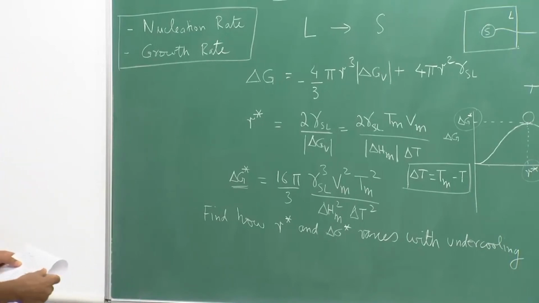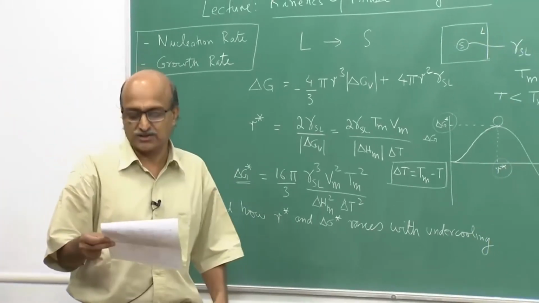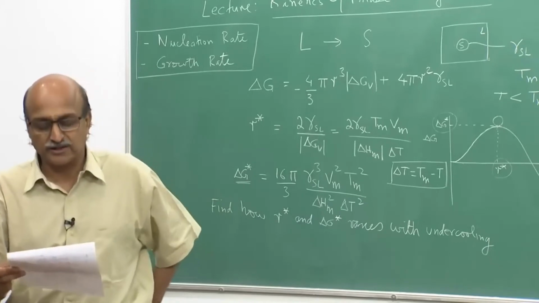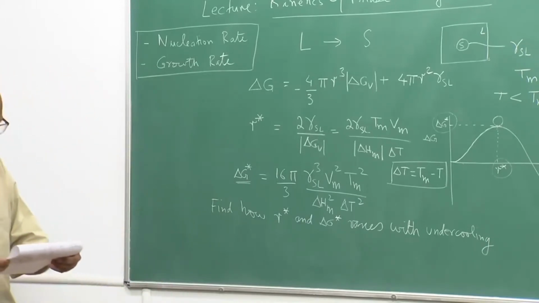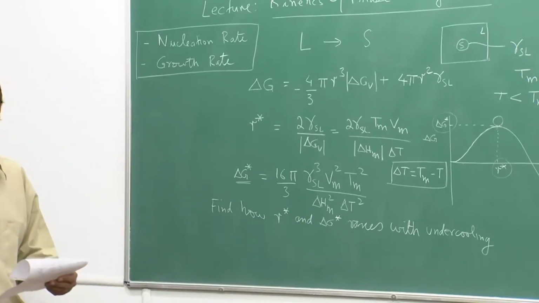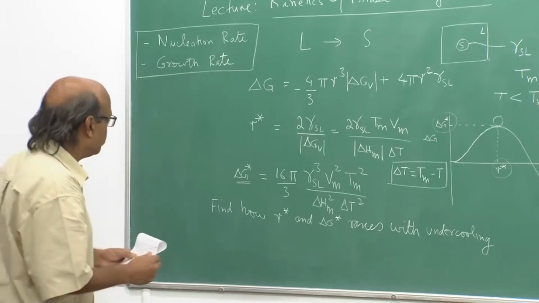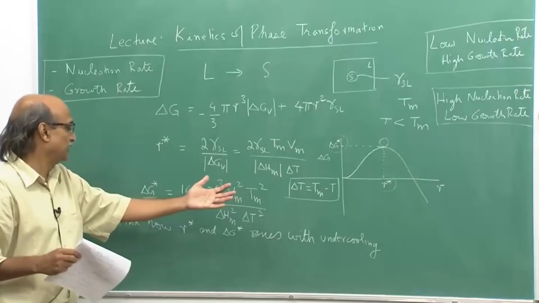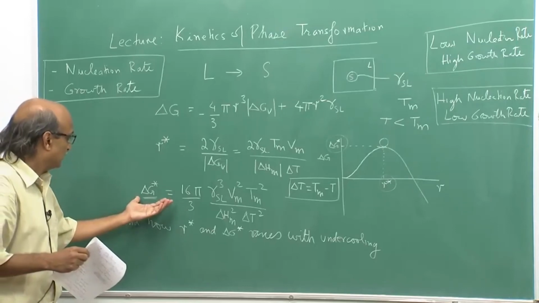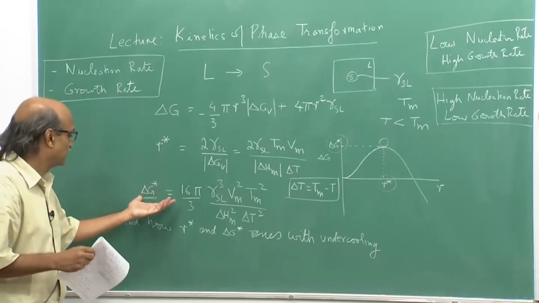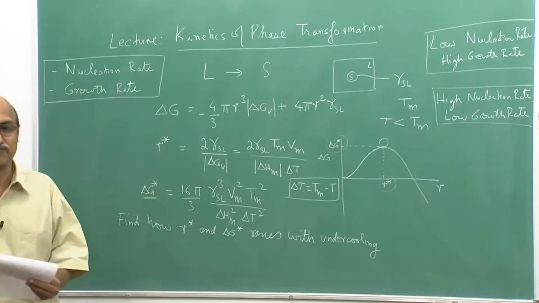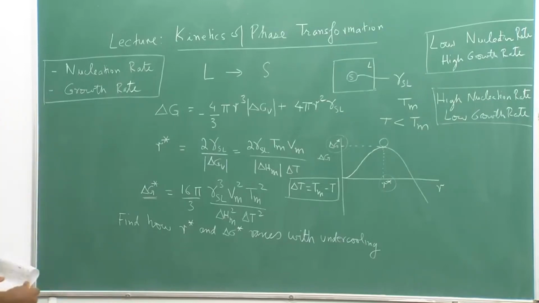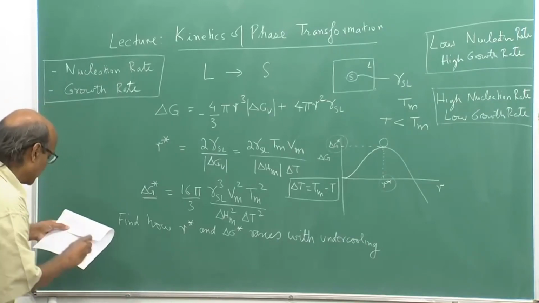This particular problem has been dealt with by Professor Mandl in an earlier lecture, where you were shown how to determine for a given undercooling the critical size of the nucleus and the critical free energy. So, let me just write down the data again.